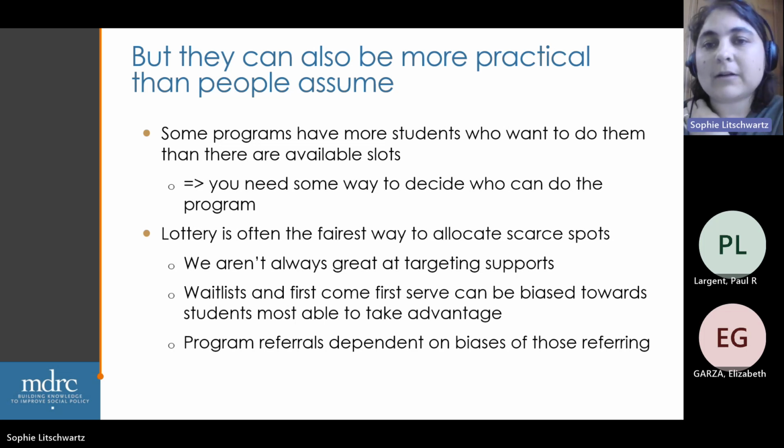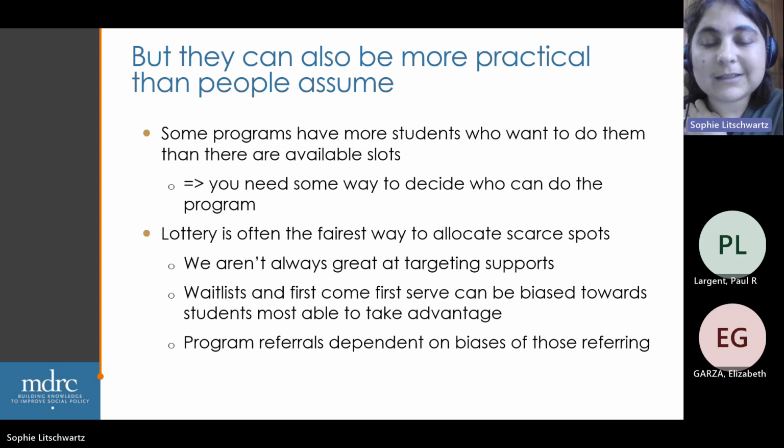But I think it's sometimes more practical than people think. Many programs often have more students who want to do them than there are available slots, and so we're going to need to find a way to allocate those resources. Lottery is often just the fairest way to allocate scarce slots. I think sometimes we think we are better at targeting supports than we really are.